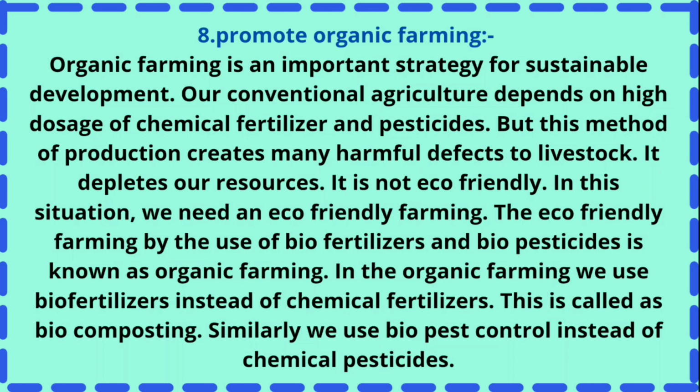In this situation, we need eco-friendly farming. Eco-friendly farming by the use of biofertilizers and biopesticides is known as organic farming. In organic farming, we use biofertilizers instead of chemical fertilizers. This is called biocomposting. Similarly, we use biopest control instead of chemical pesticides.